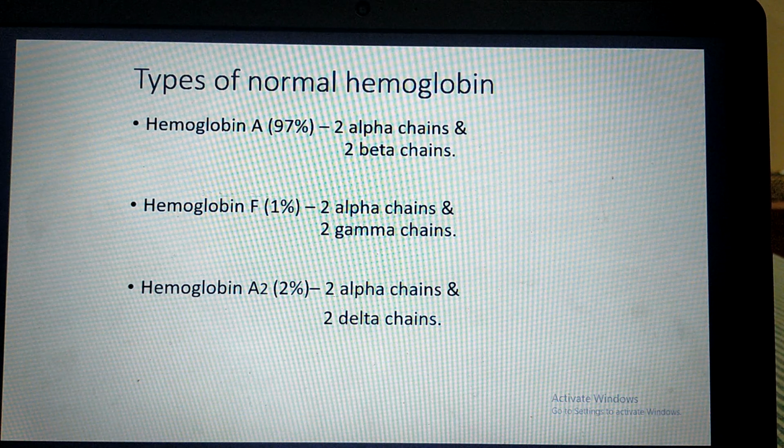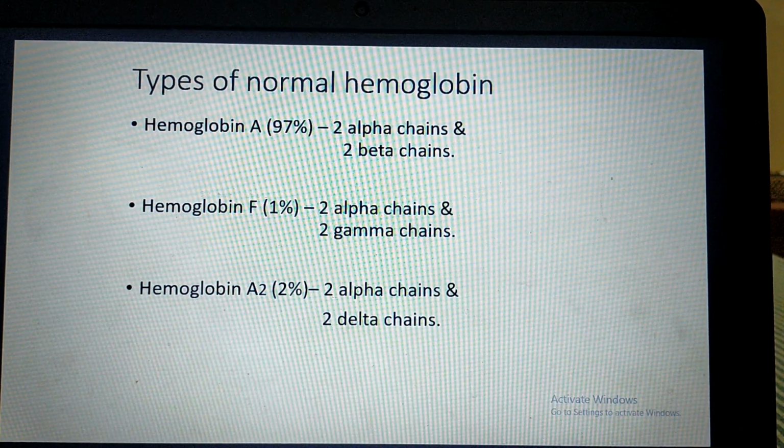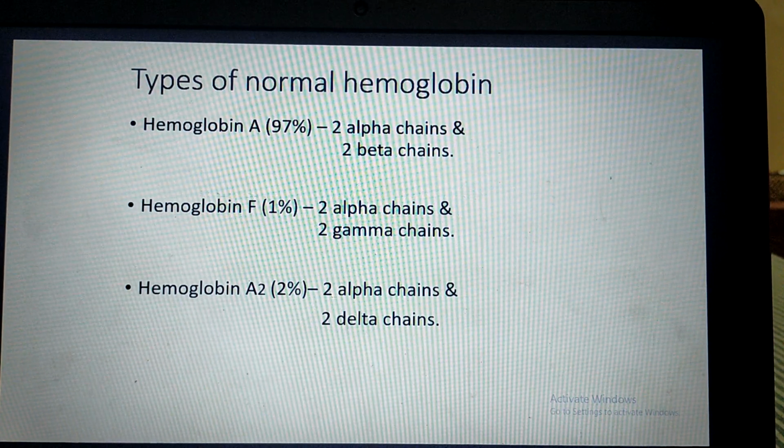Hemoglobin F, which forms 1%, is made up of 2 alpha and 2 gamma chains. Hemoglobin A2, which is 2%, is made up of 2 alpha and 2 delta chains. In all these hemoglobin molecules, the heme structure is normal, only there is a difference in the globin chain. All these are normal hemoglobins. So this is about the structure of hemoglobin. Thank you very much.